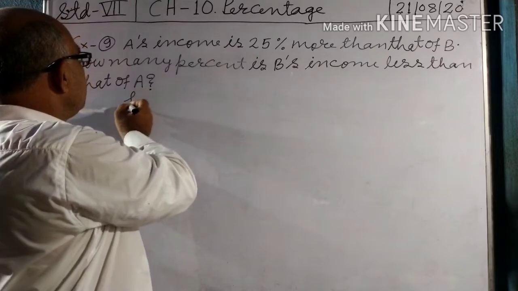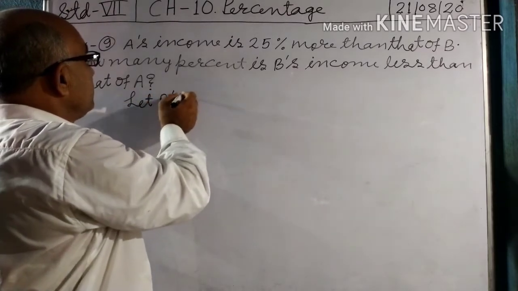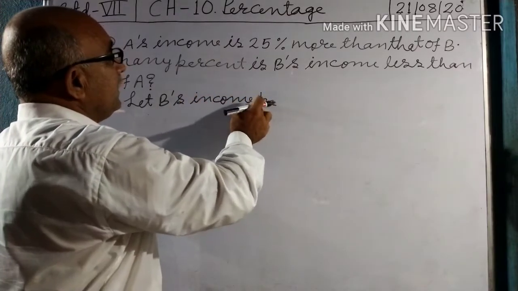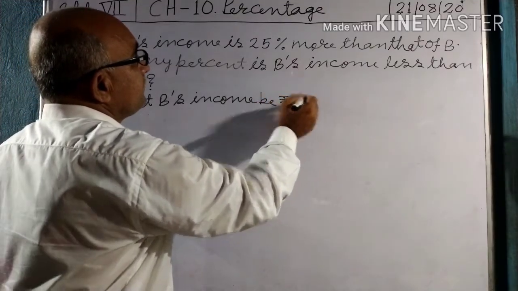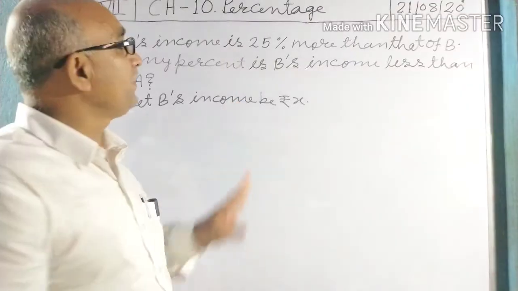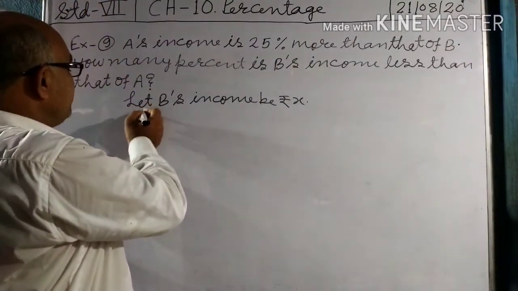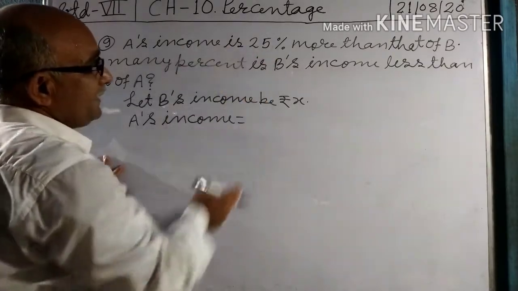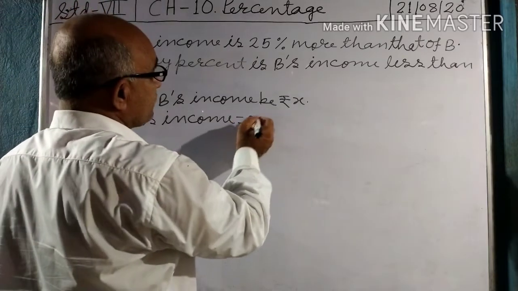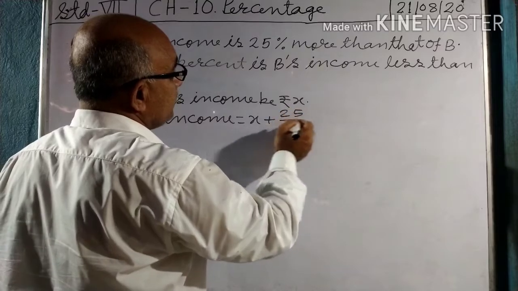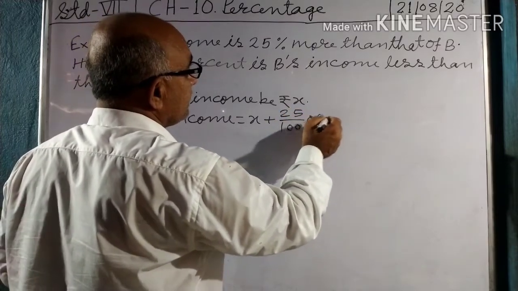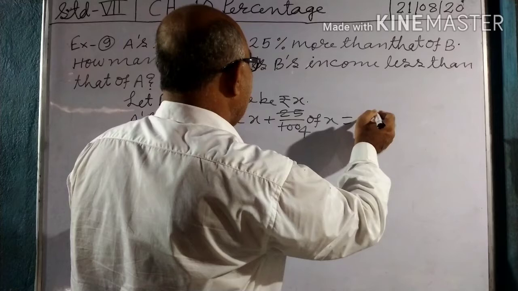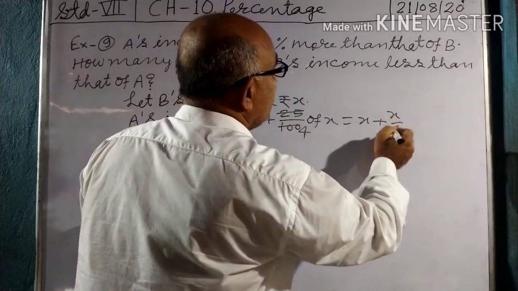So let B's income be rupees x. So A's income, 25% more than that of B. So x plus 25 by 100 of x. 25 fours are 100, equal to x plus x by 4.